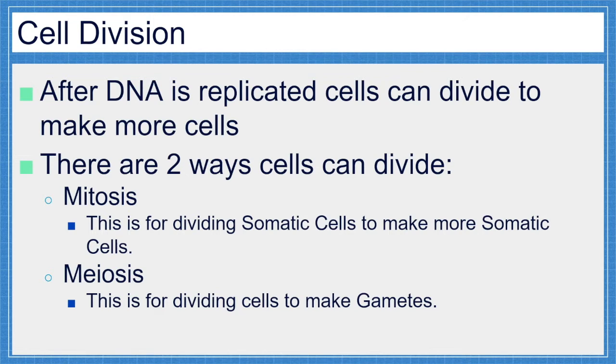And so very similar sounding processes have a lot of similarities in how they go about occurring, but they are for different purposes. So mitosis to make somatic cells and meiosis to make gametes. Those are our two different processes, and we're going to start by looking at mitosis in a bit more detail.